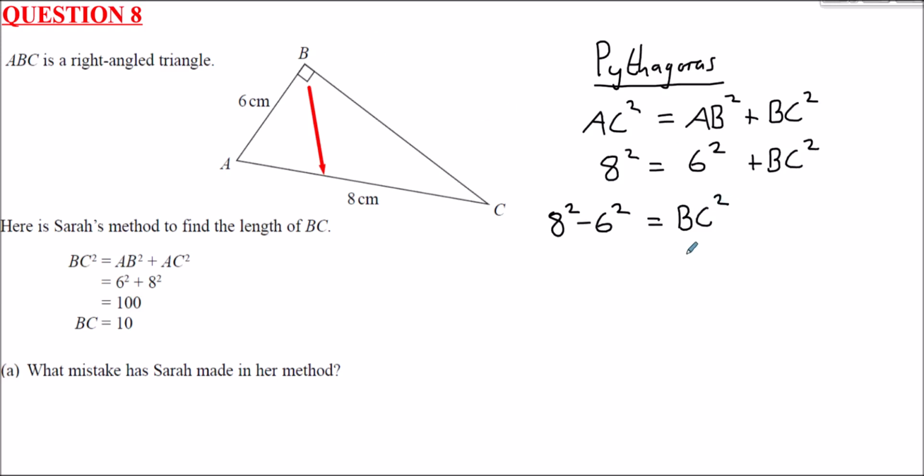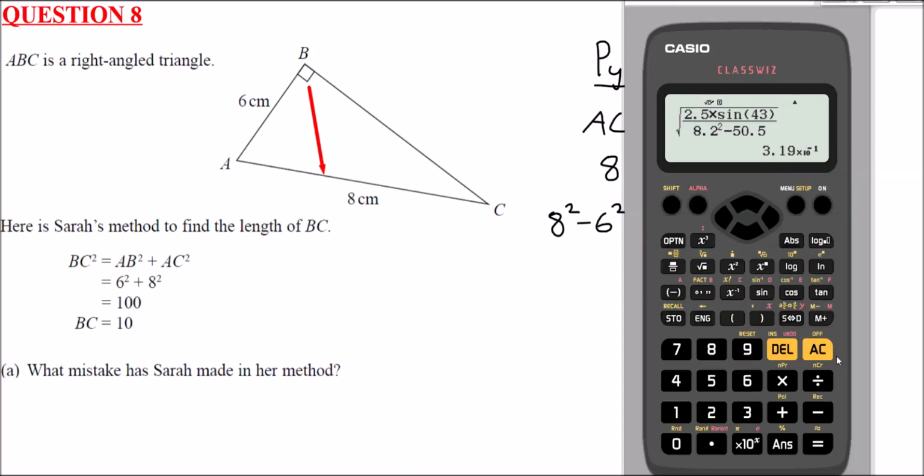Now then we can square it both sides. So 8 squared is 64, take away 36. We could do that ourselves if you wanted to. So what is 8 squared minus 6 squared? We get 28.